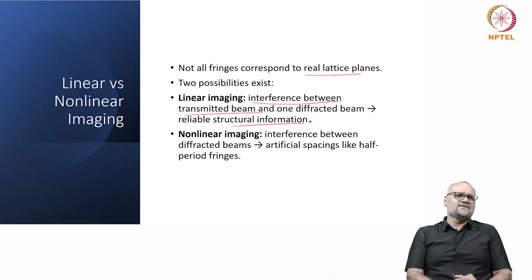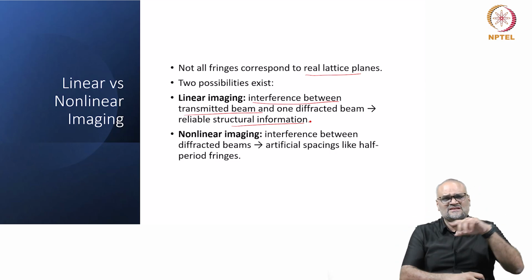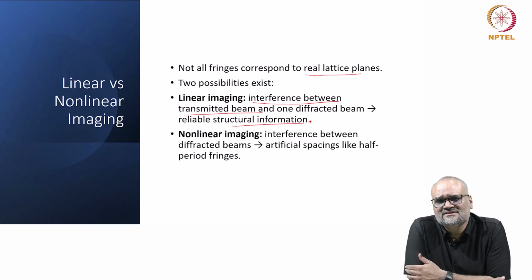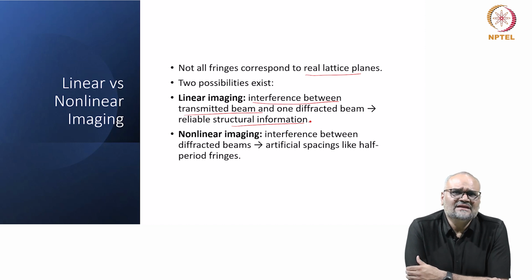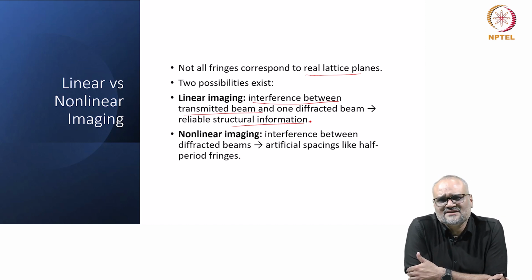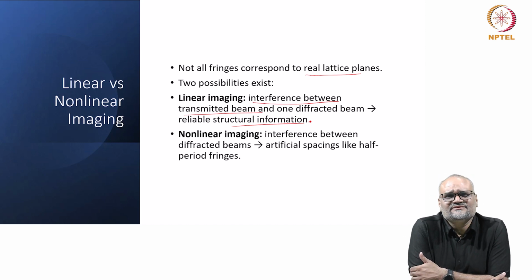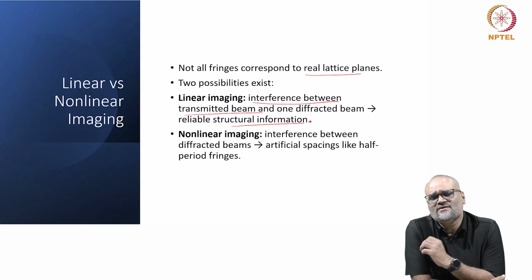So, the information you record cannot directly have a one-to-one correspondence with exact positions of the atoms. This brings back my discussion on the first slide that we had. The HREM micrographs we see, which are represented as phase contrast images appearing like lattice fringes, do not really give you exact positions of the atoms.